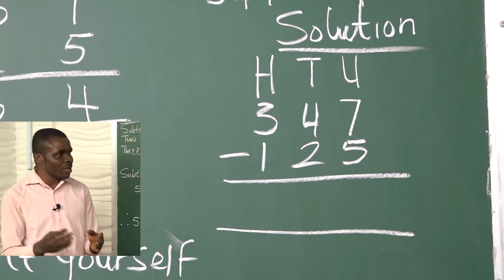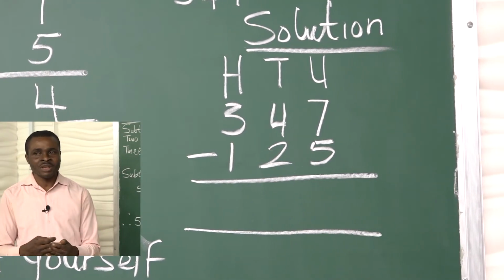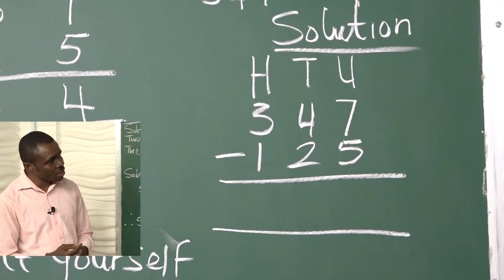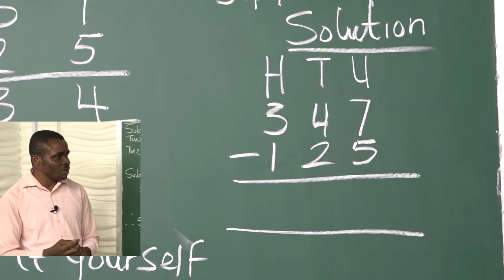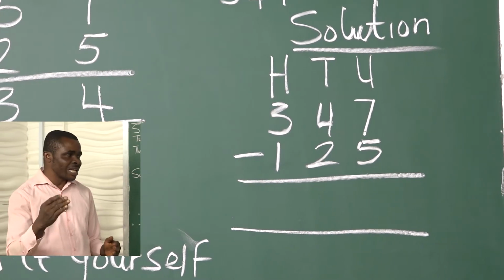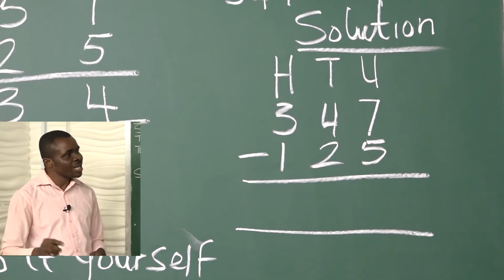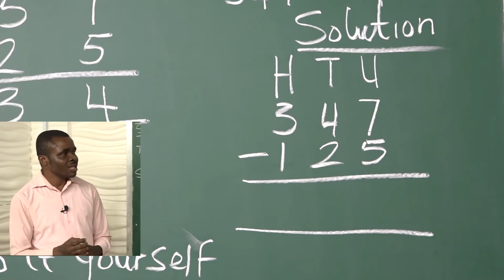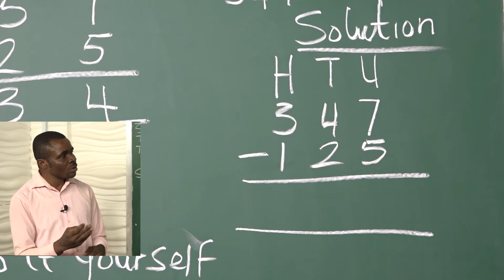That is the first number you should write, not 125, because you are taking 125 away from 347. Now the second number, 125. Coming from your right, the first digit is 5, which should go into the unit column.